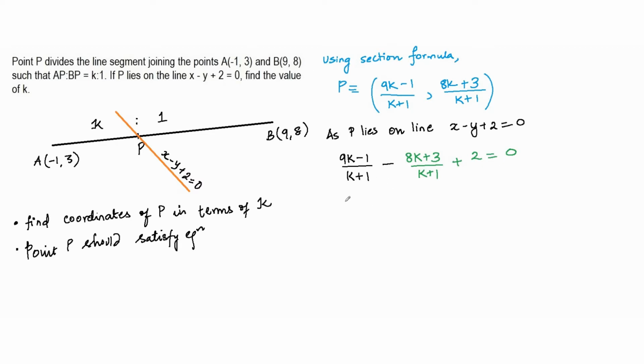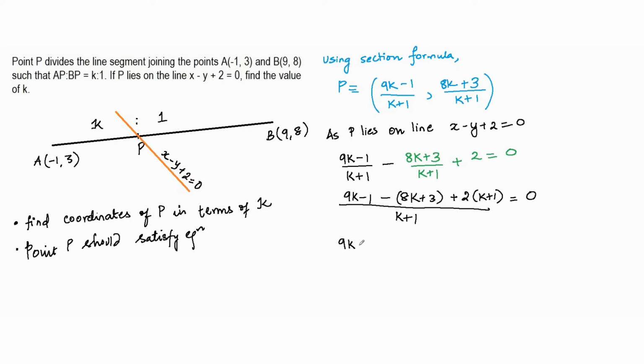The LCM of all these three terms is going to be k plus 1. The numerator is 9k minus 1 minus (8k plus 3) plus 2 times (k plus 1) is equal to 0. I can cross multiply 0 and k plus 1, so (k plus 1) into 0 becomes 0.